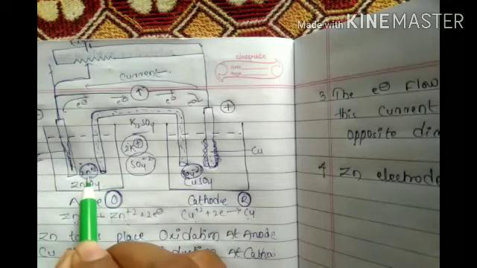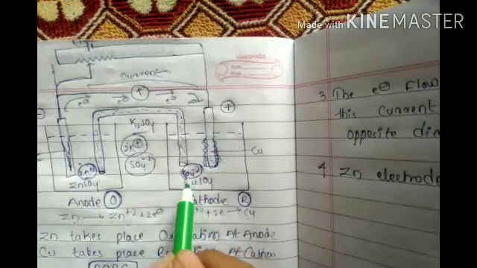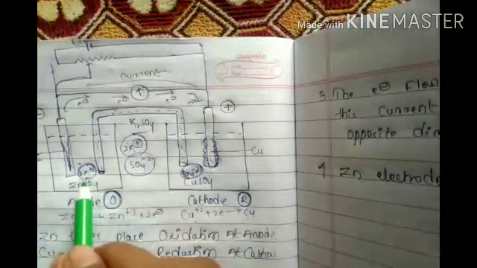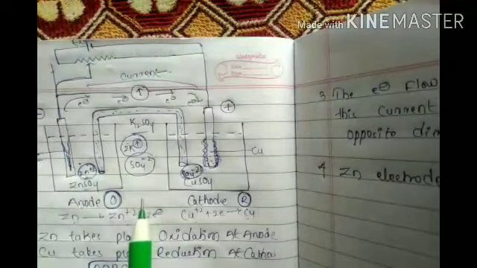It is supplying the ions. K2SO4: 2K+ will come this side, SO4 2- will come this side, and again ZnSO4 solution will come here.